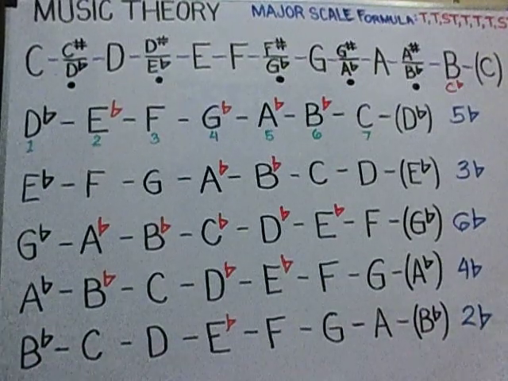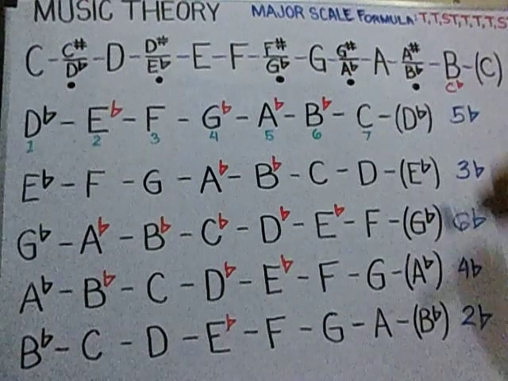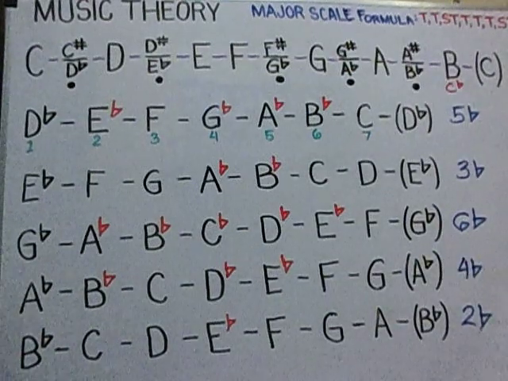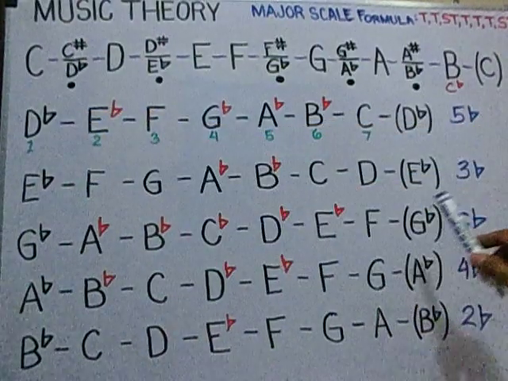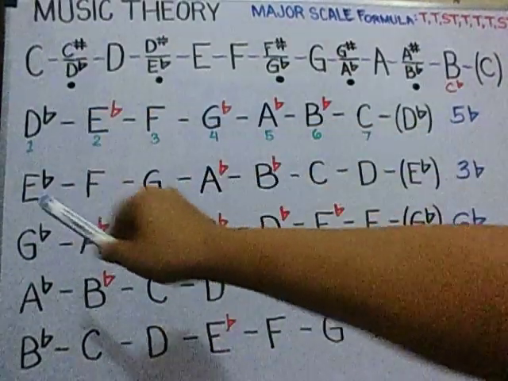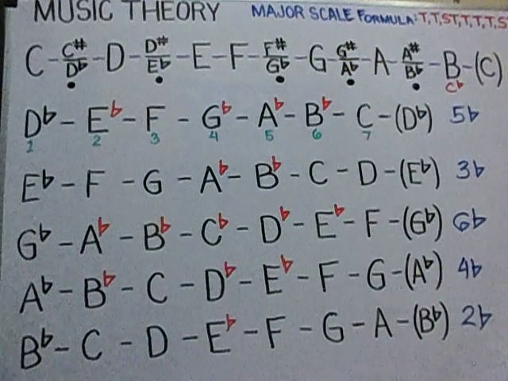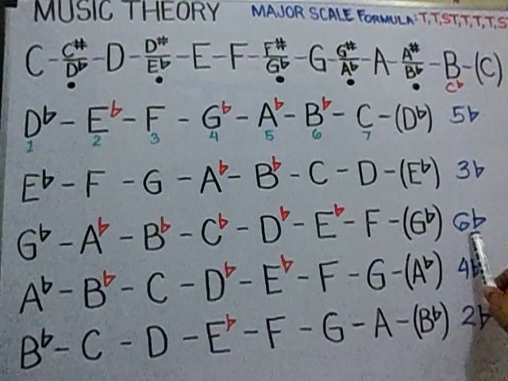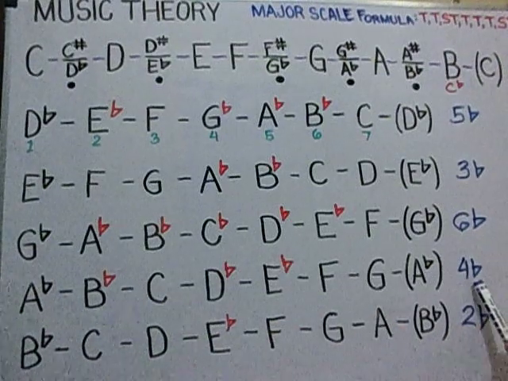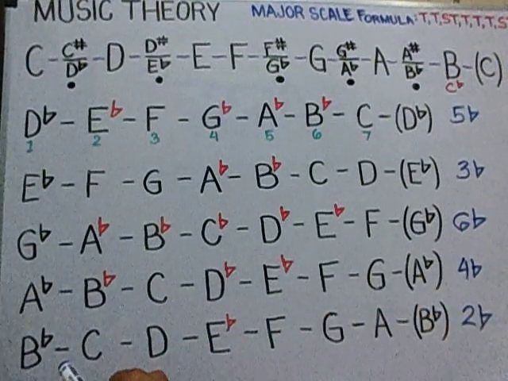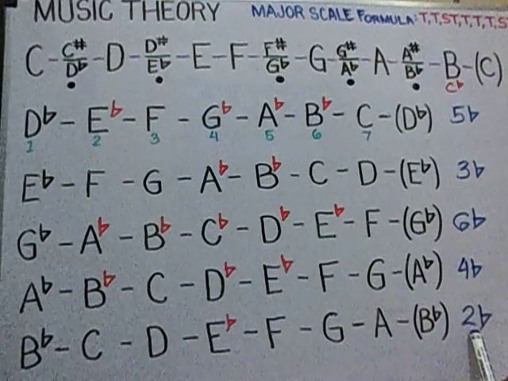Summarizing this, the D flat major scale has 5 flats. E flat major scale has 3 flats. G flat major scale has 6 flats. A flat major scale has 4 flats. Lastly, B flat major scale has 2 flats.